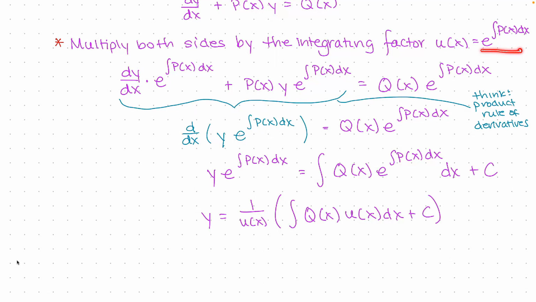But you're going to see that when we do this, we just seem to drop the absolute value for some reason. How can we just do that? Well, the reason why we can just do that is because think about what the purpose that the u of x is serving here. The u of x gets multiplied by both sides of the equation. So it doesn't matter if u of x is positive or negative, you're going to get the same resulting equation.